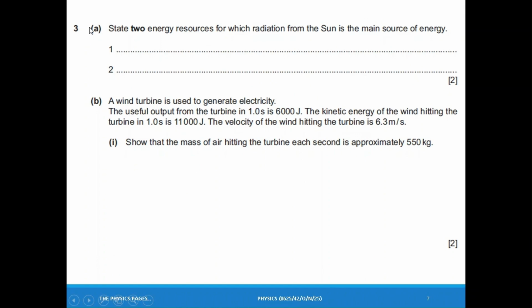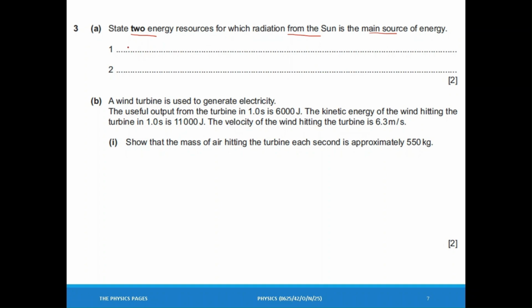Question number 3. State two energy resources for which the radiation from the sun is the main source of energy.